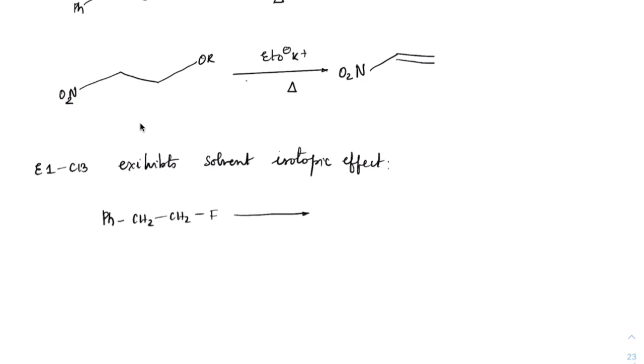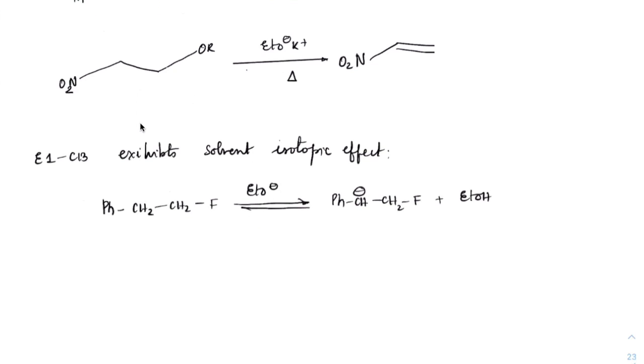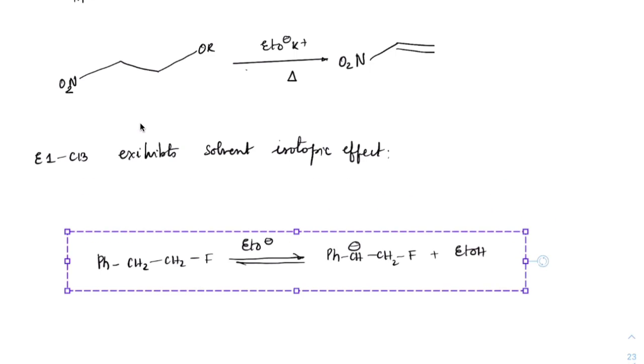Basically, if you take this molecule and let's say treat that with EtO minus, an equilibrium is established with PhCH2CH minus CH2F. This is the equilibrium which is established, plus EtOH. Now what I'm doing here, let me write it as an overall reaction first.